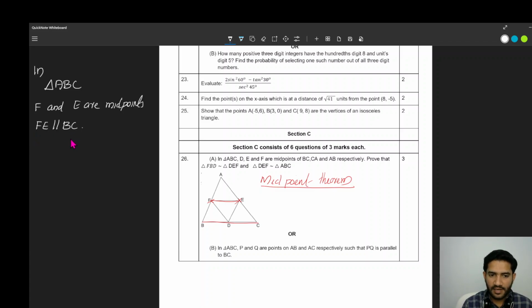If FE is parallel to BC, we can say that FE is also parallel to BD, because D is on the line BC, the midpoint of BC. This is by midpoint theorem.